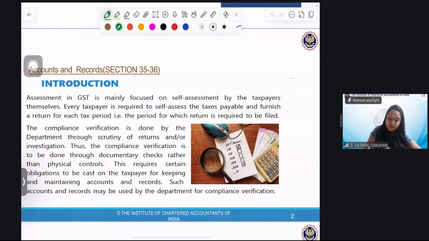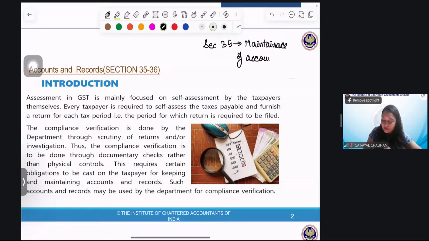So when I talk about section 35, it deals with maintenance of accounts and records. So the main element of this chapter is section 35.